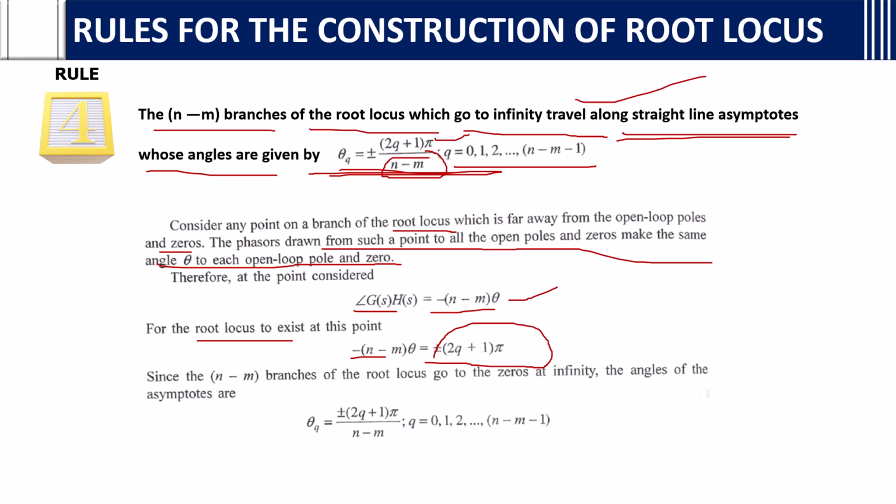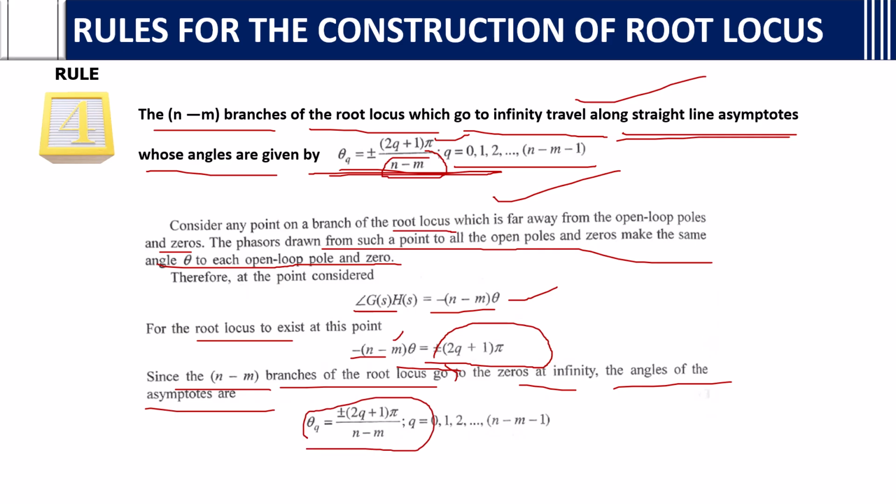The angle, that is nothing but plus or minus (2q plus 1) times pi. If you take this to the other side, again in this equation you will get theta. Since the n minus m branches of the root locus go to zero at infinity, the angles of the asymptotes are given by this equation. This is the fourth rule.